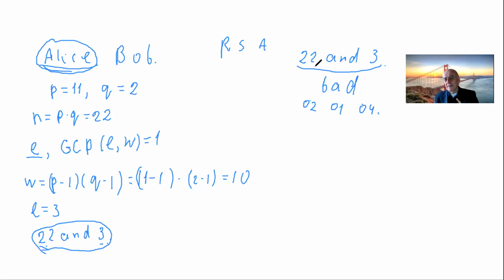I would like to emphasize again, Bob does not know the two numbers P and Q, and how Alice got these numbers 22 and 3. But Bob knows these numbers, and these numbers are enough to encrypt the message.